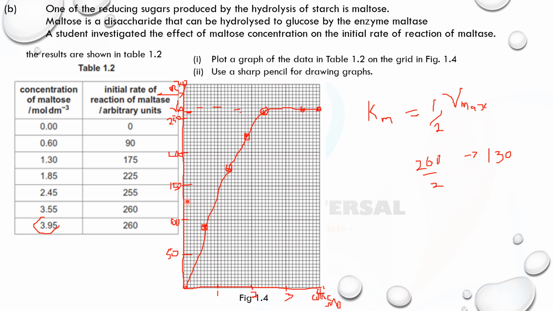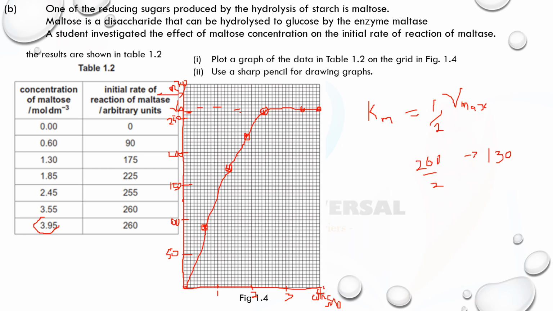Here, 130 is a box above 125. So somewhere here: 125, 130, 135.